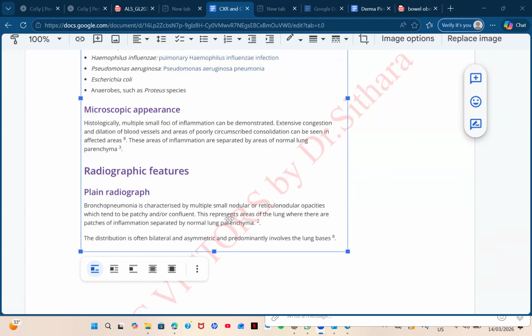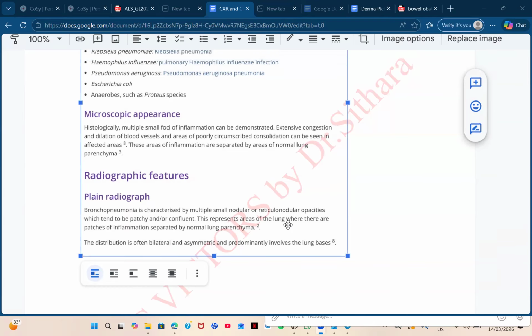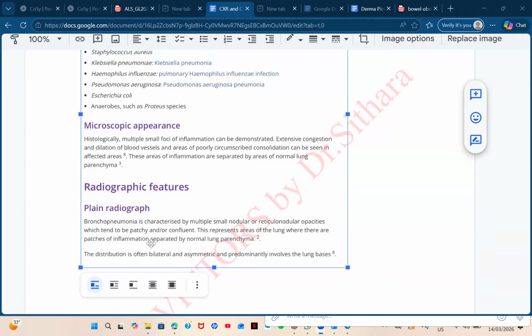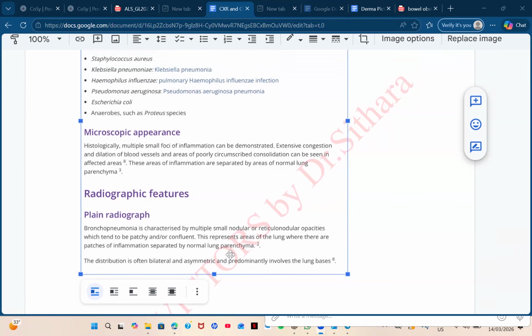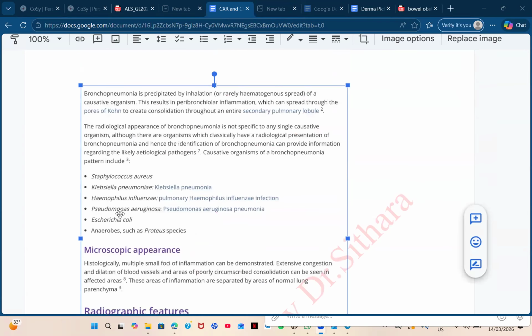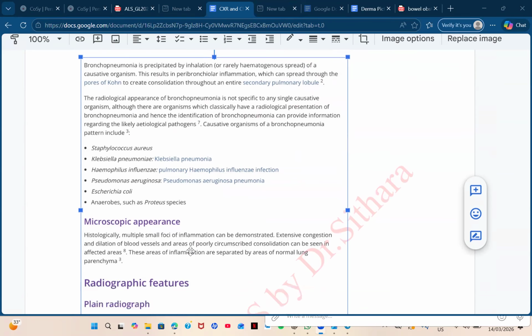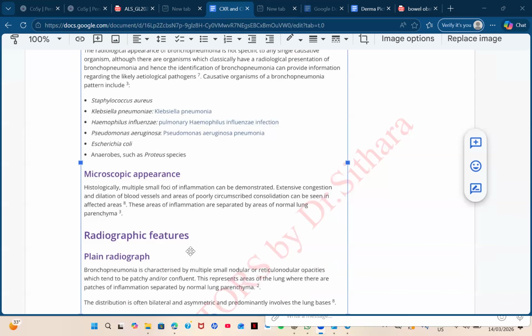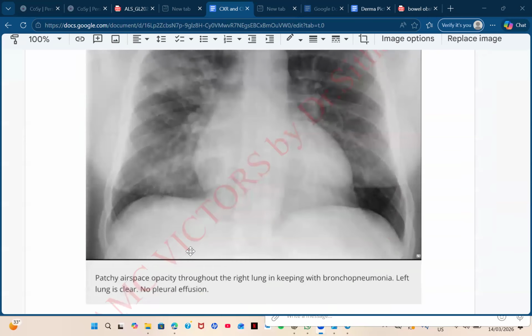This represents areas of the lung where there are patches of inflammation separated by normal lung parenchyma, right, doctors? Examples are Staphylococcus aureus, Klebsiella, Haemophilus influenzae, Pseudomonas aeruginosa, E. coli, and anaerobes like Proteus species.